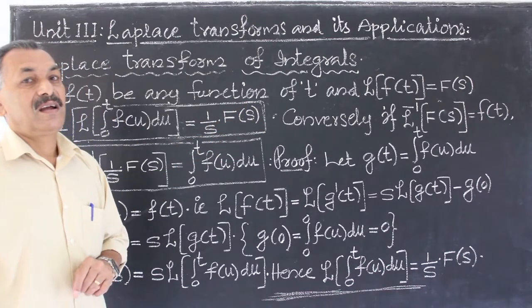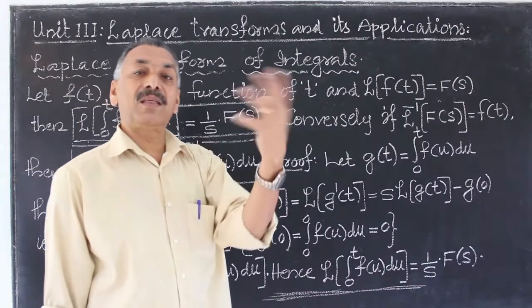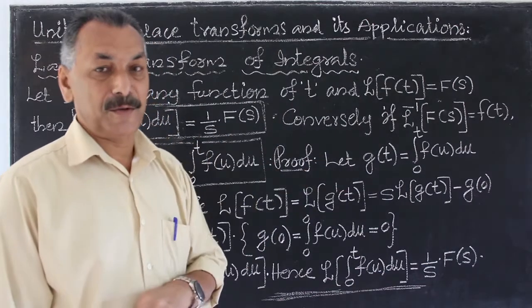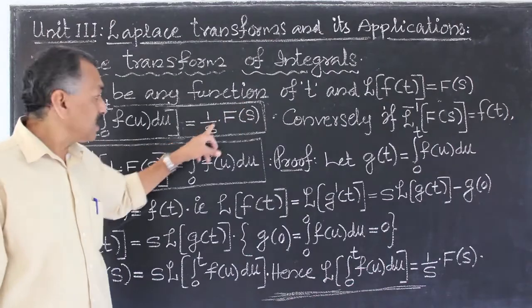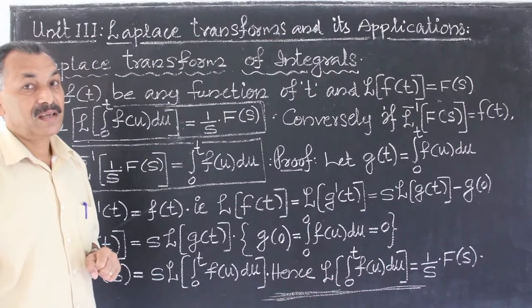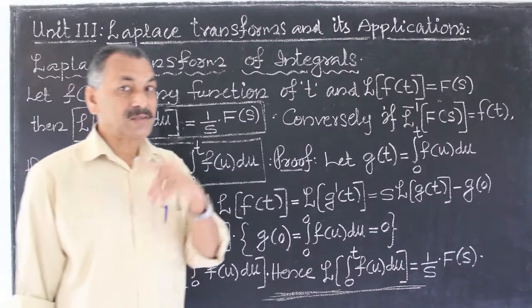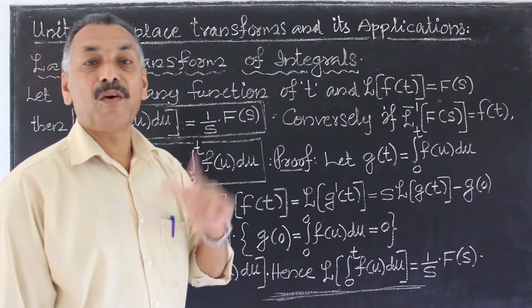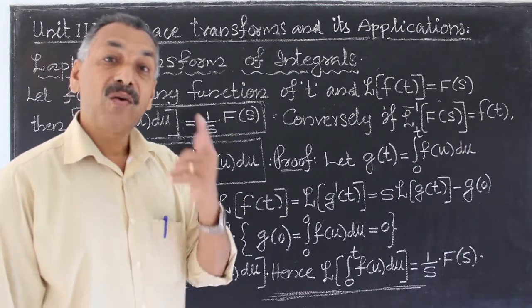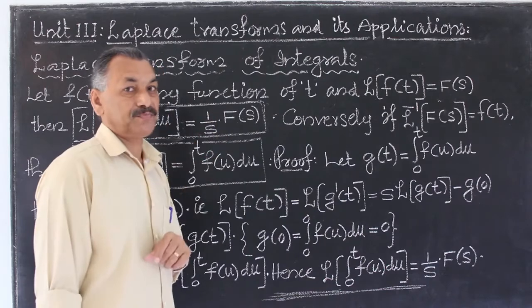The derivative gives a product, while the integral gives a quotient. So f of t transforms to F of s, and the integral from 0 to t of f of u du transforms to 1 by s into F of s.